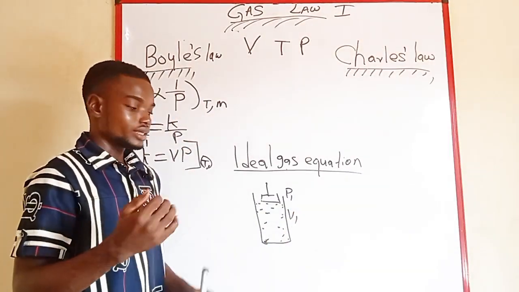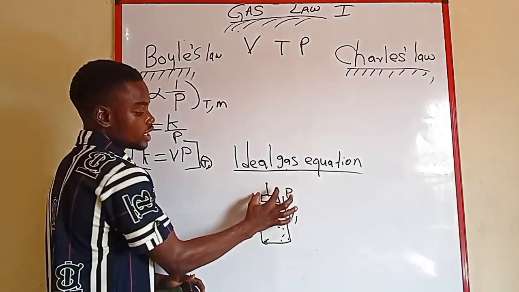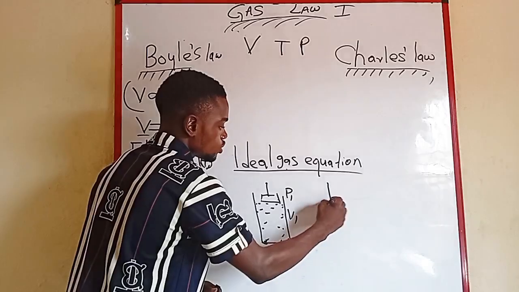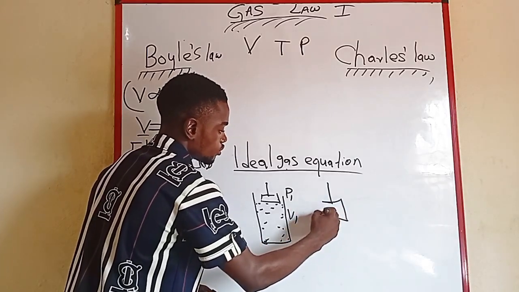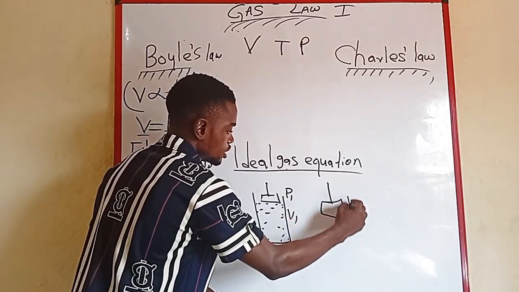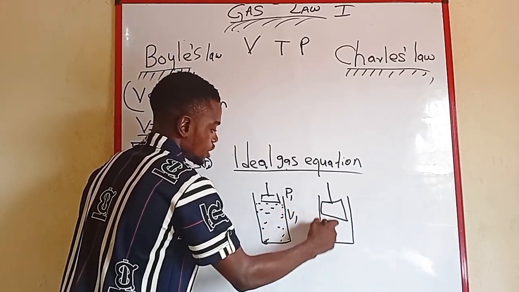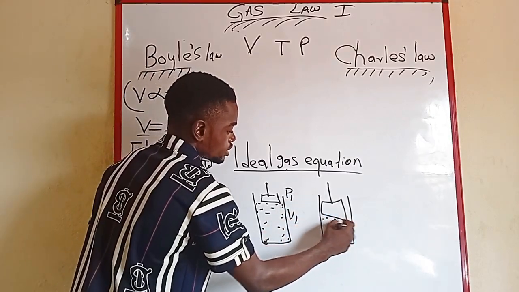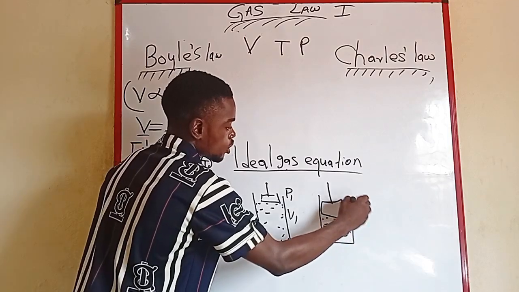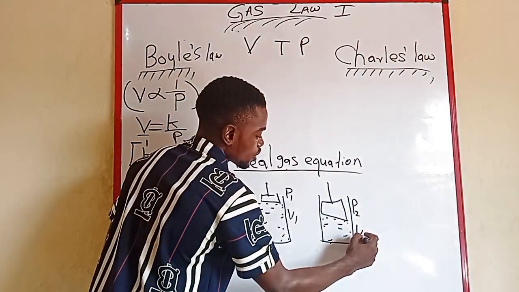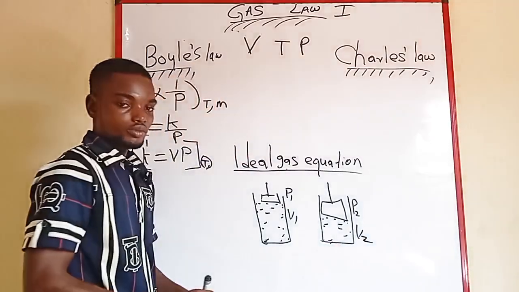Now assuming at a point in time we are going to increase this pressure, maybe the pressure will now be something of this form, as you can see. Then we have the container over here, and this is now the gas. This becomes the second pressure value, and this becomes the second volume value.